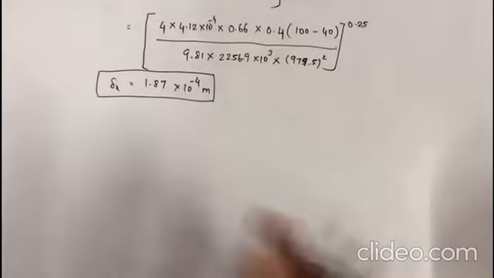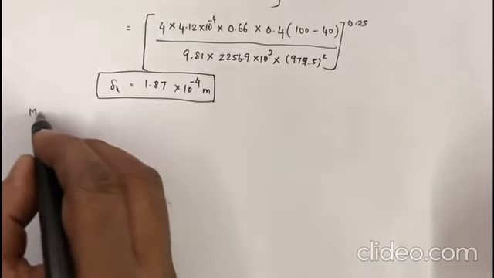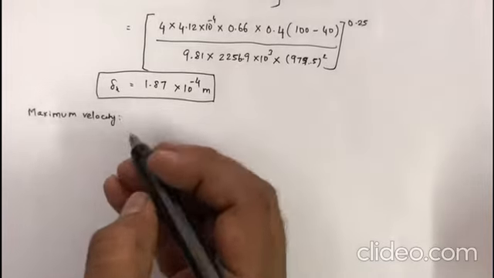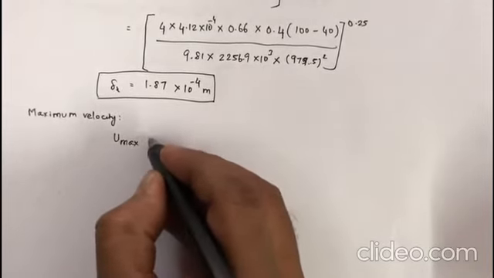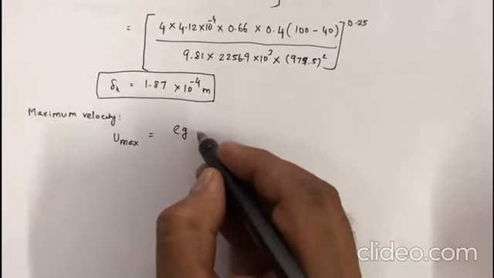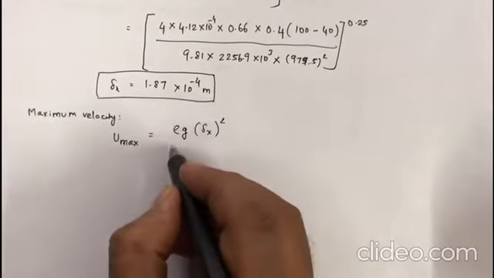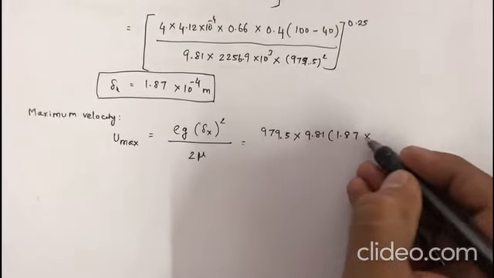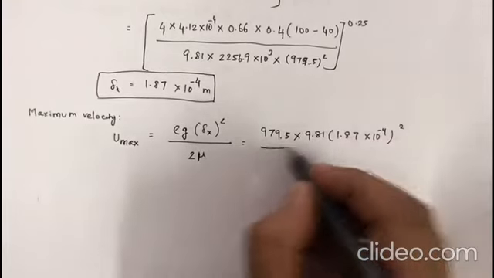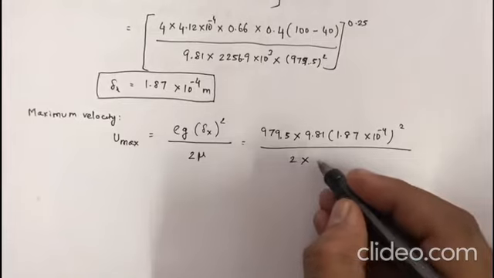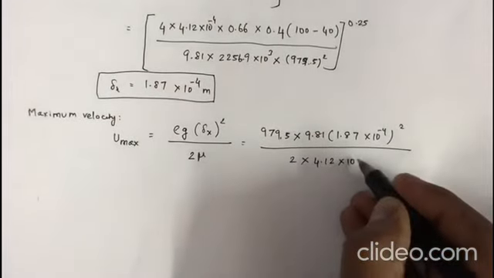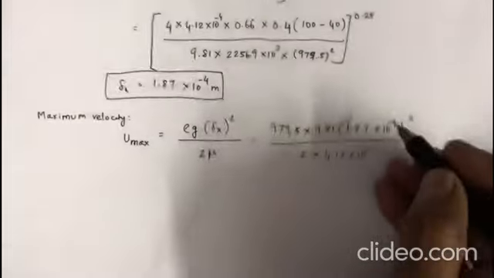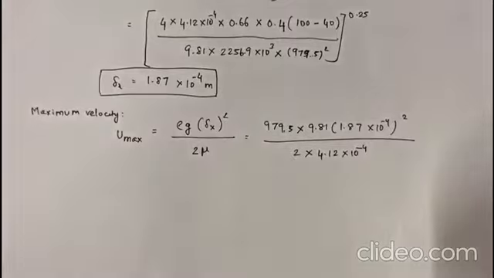Now the second subdivision, which is the maximum velocity, which is Umax equal to rho g delta x squared by 2 mu. That is 979.5 into 9.81 into 1.87 into 10 power minus 4 whole square divided by 2 into dynamic viscosity 4.12 into 10 power minus 4, the value we got already.